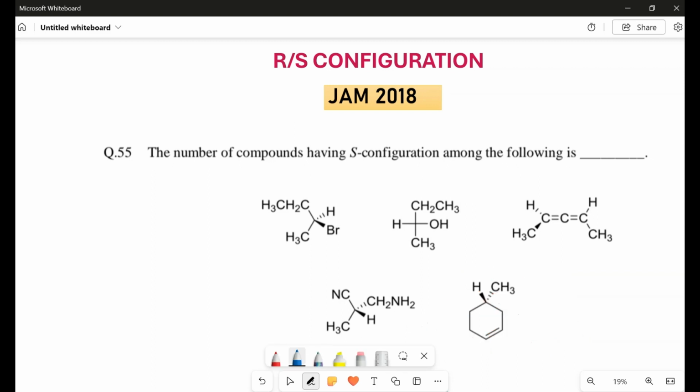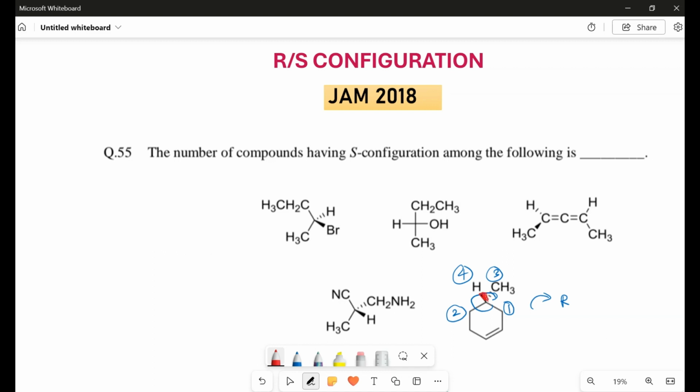So as we have seen, this is first priority, second priority, third priority, and fourth priority. So 1 to 2 to 3 takes a clockwise rotation, so we expect R configuration. But see here, the least priority hydrogen is towards us. It is near.